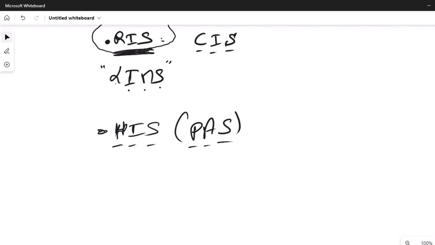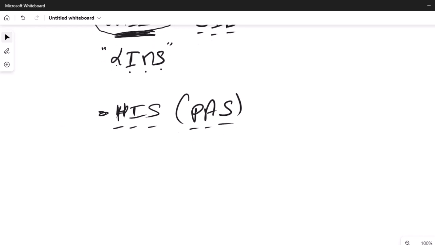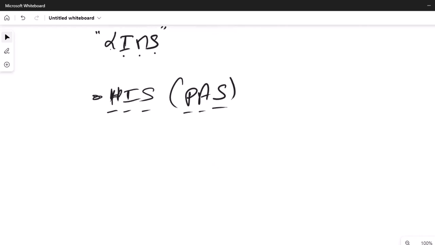The HIS is designed to manage medical, financial, and other business related functions. Not just medical, but it can manage financial information and business information too. One of the examples that I can mention here is the billing function.